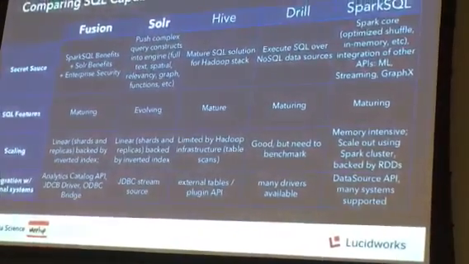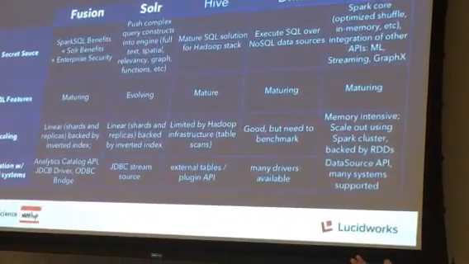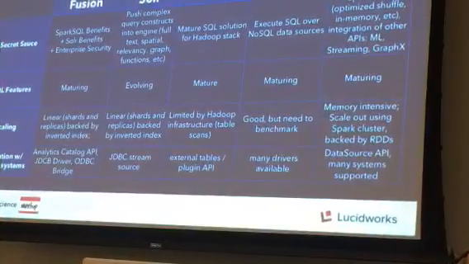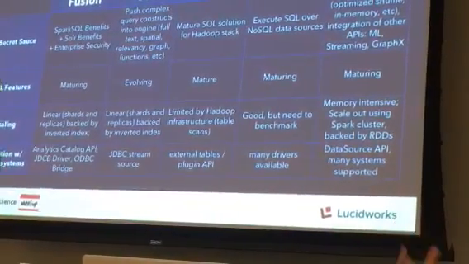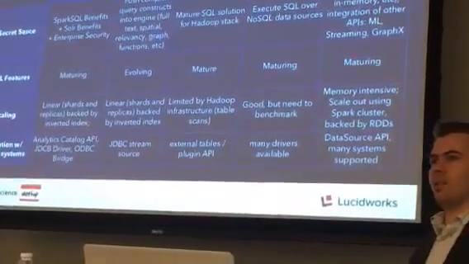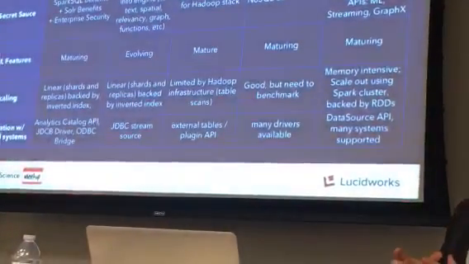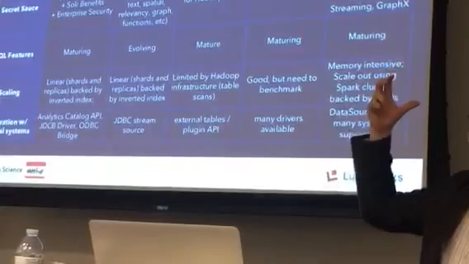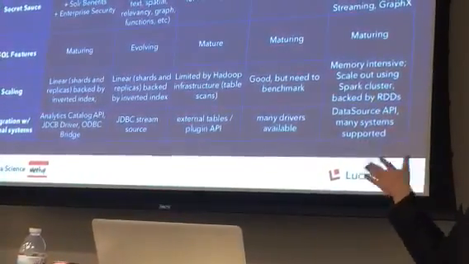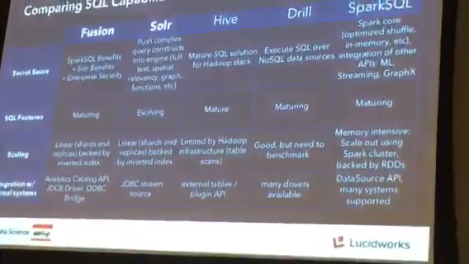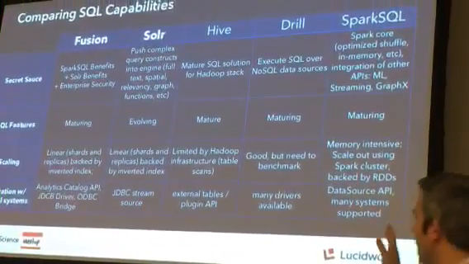You can use them if you know what you're doing, but you'll probably run into some issues if you try to do anything overly sophisticated. And then it scales linearly. You just keep adding nodes and replicas and boxes, and everything scales very well. With most SQL engines, they scale up and you have to get really beefy boxes to run them. That's not the case here. And then there's a JDBC stream source that you can hit. Hive and Drill I'm not going to get into as much.